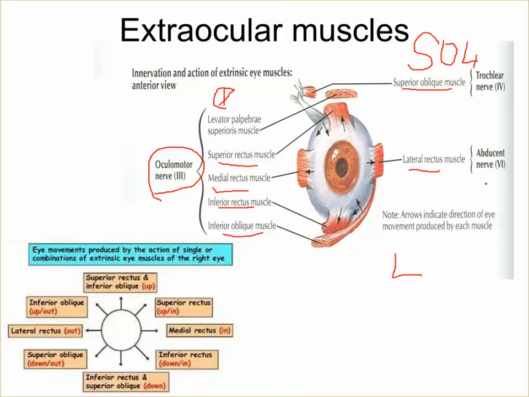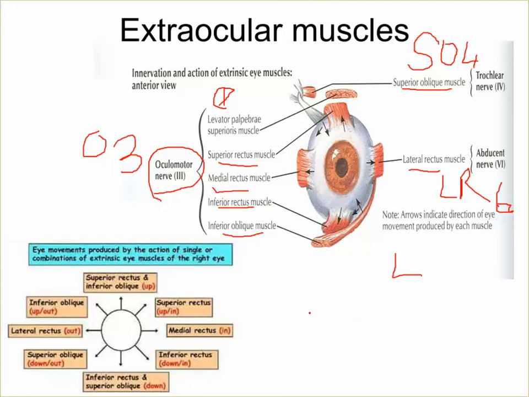The lateral rectus is supplied by the 6th nerve, so we can remember it as LR6. And this can be called O3, that is the oculomotor supplying all the other muscles. This mnemonic is very easy for remembering the muscles and the nerve supply.